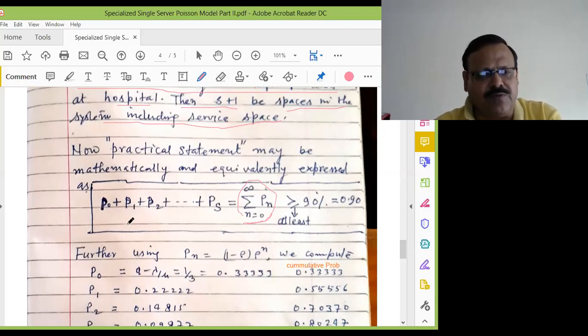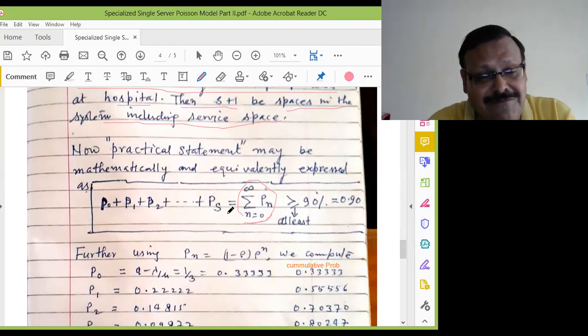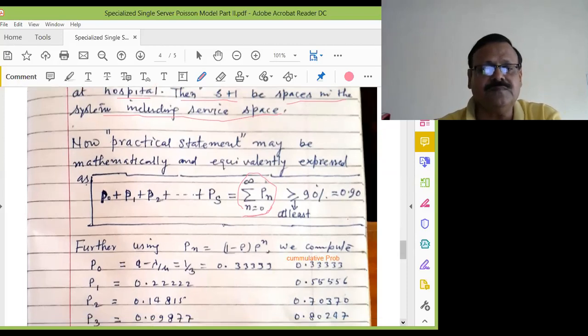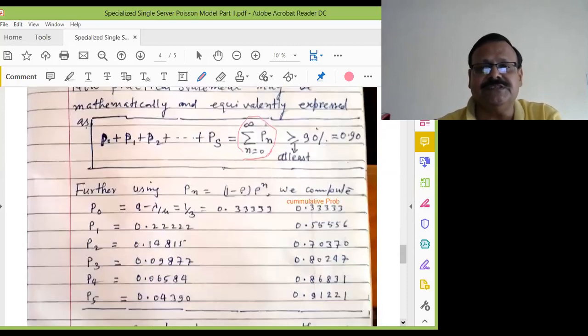But this probability is computed by the same formula of Pn derived from the M/M/1 model. It is not a probability taken from outside; we are within the range of knowledge of the given model.